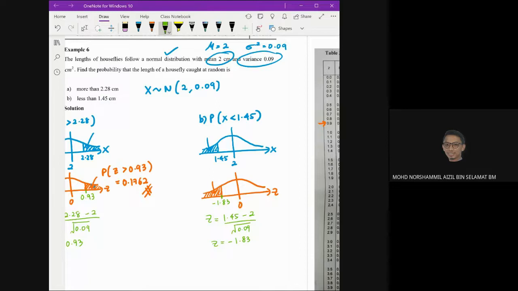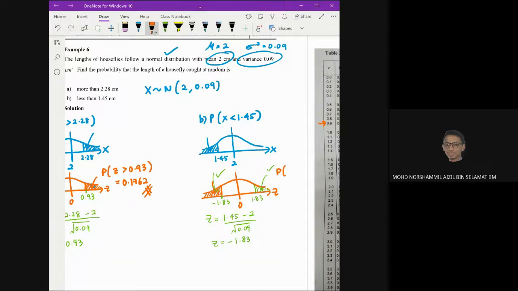Reflect to the right hand side. So minus 1.83 will be 1.83 here. So this region will be here. The size will be similar. This one and this one will be the same. Therefore, this part we can read from the table.